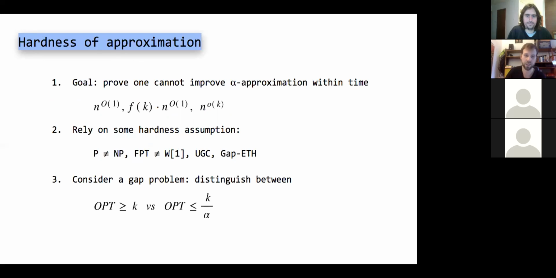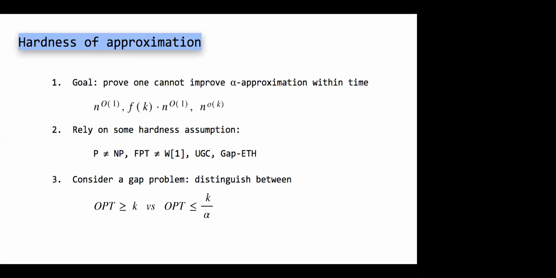In this paradigm, we want to show that we have some favorite problem. We know that it admits some alpha approximation for some coefficient alpha, and we want to prove that we cannot improve upon this alpha within some complexity class.